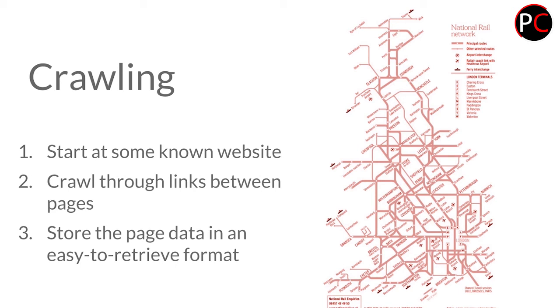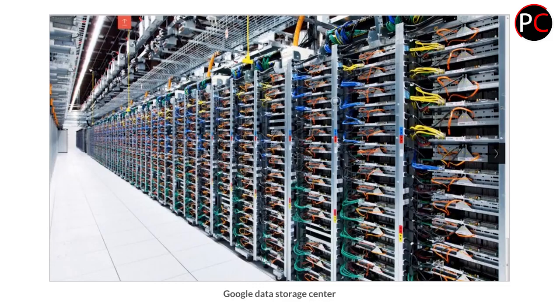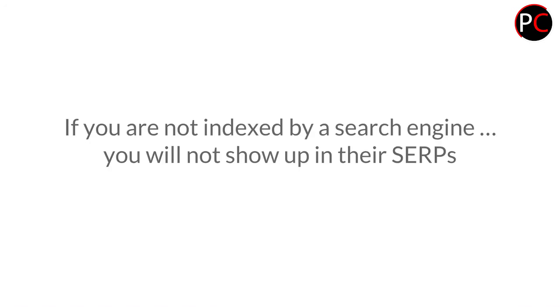So when I search for corgi puppies, it's going to be able to correctly identify pages that are about corgi puppies, depending upon what search intent I display, and rapidly find the pages that meet those criteria. The way that they store it is in these data storage centers, and we would call this the index. So it has crawled pages and then it indexes them in the storage center.